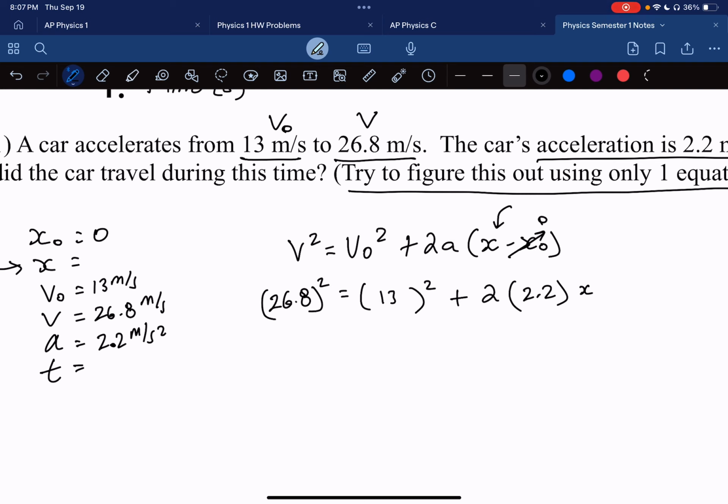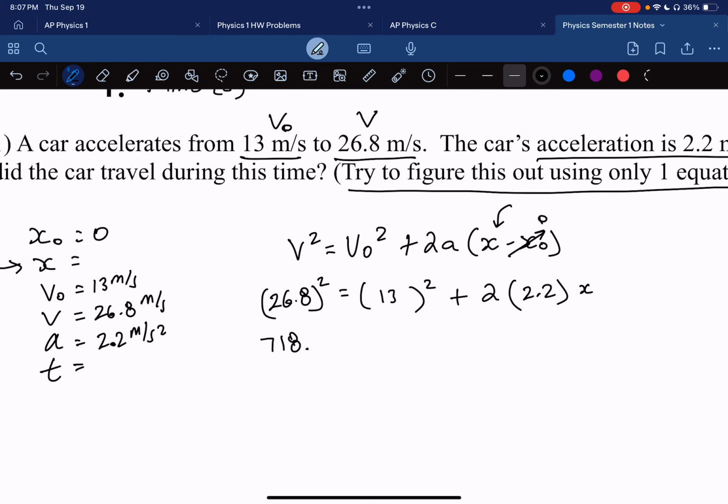This may not look easy, but we're going to simplify some of these things. We're going to take 26.8 and square it. That gives us a number, 718.24. And you should be trying this out, by the way, doing these calculations on your own while you're watching this, just to get that muscle memory, just to get that experience, that practice, doing all these little things.